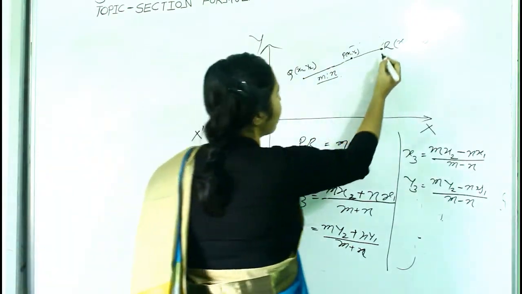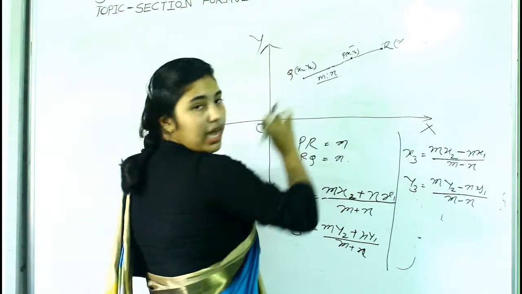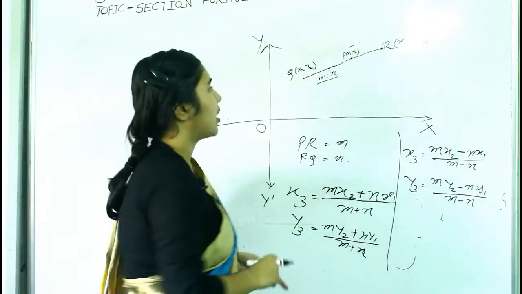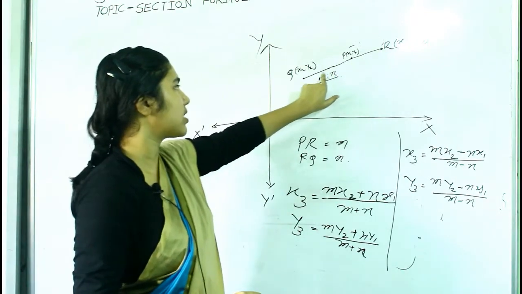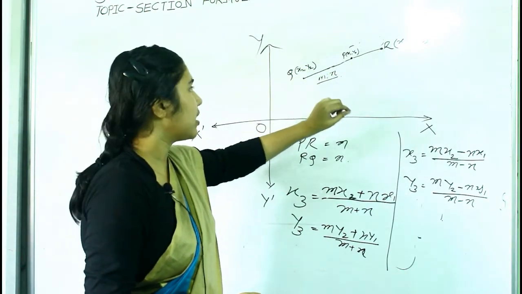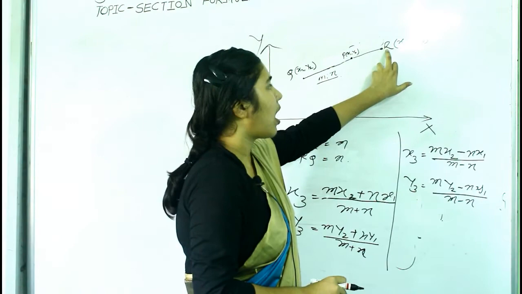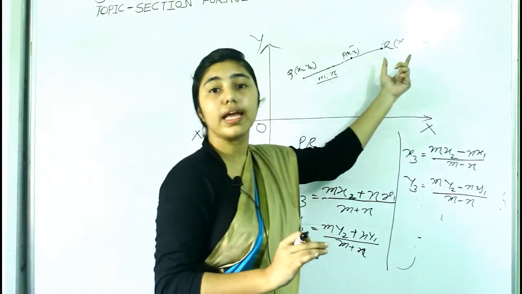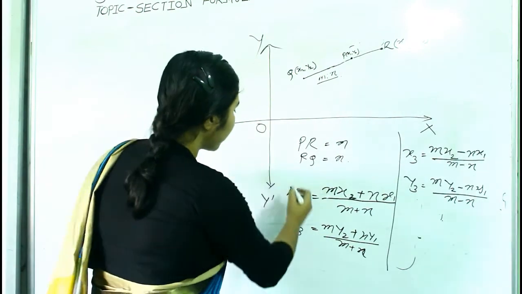But if the point is not between P and Q but on the line through PQ, in that case we can say that R divides this line segment PQ externally.